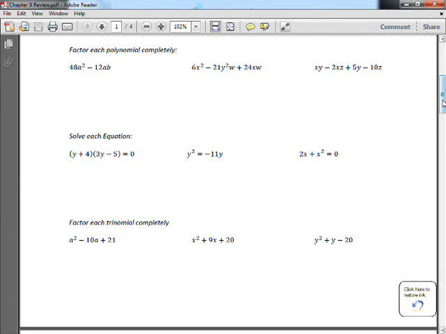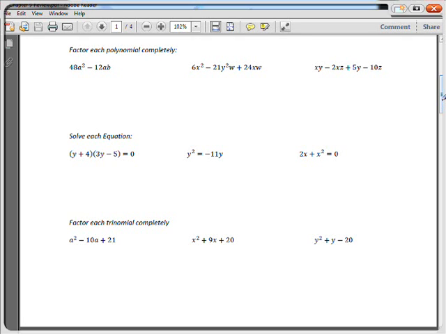On the next section, you're asked to factor the polynomial completely. And the first rule of factoring polynomials is you look for a greatest common factor between all the terms. So if we do that on the first one, between 48a squared and 12ab, you should notice we have a 12a in common between both of them.